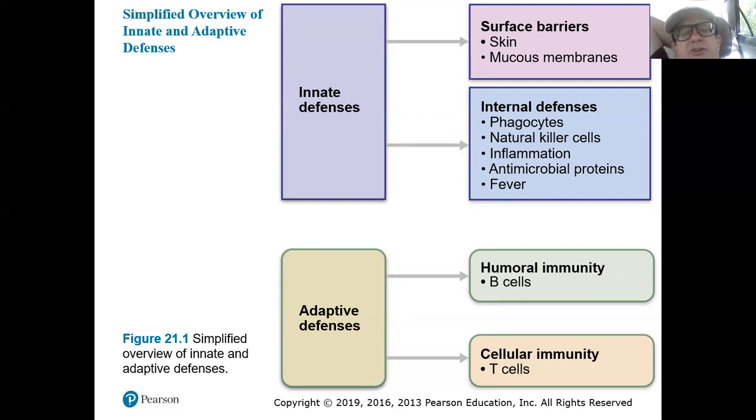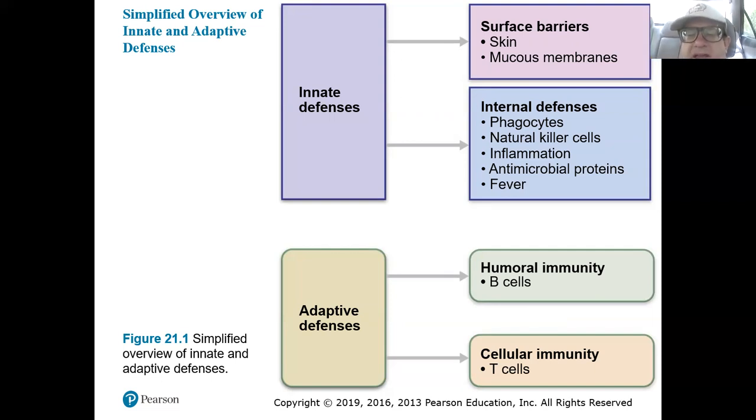That's things like neutrophils or macrophages. Then we have natural killer cells. Among other things, they signal cells in your body that you've been taken over. Don't make the problem worse. You have to die. And those cells will kill themselves in response to what the natural killer cells say.